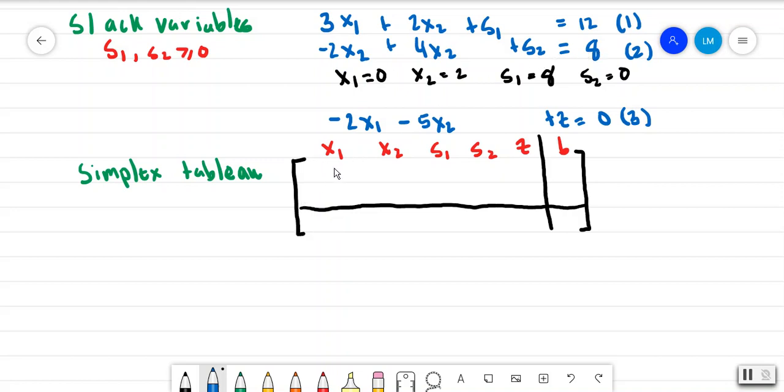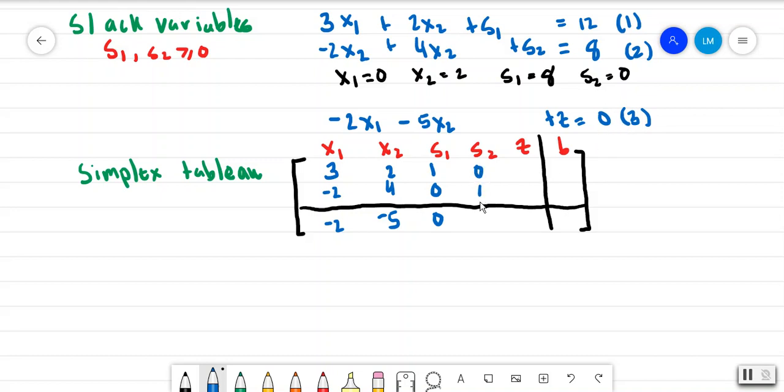So you have 3, negative 2, negative 2. You have 2, 4, and then you have negative 5, and then you have 1, 0, 0. Now, the zeros are because there's no s1 for equation 2 and for equation 3.